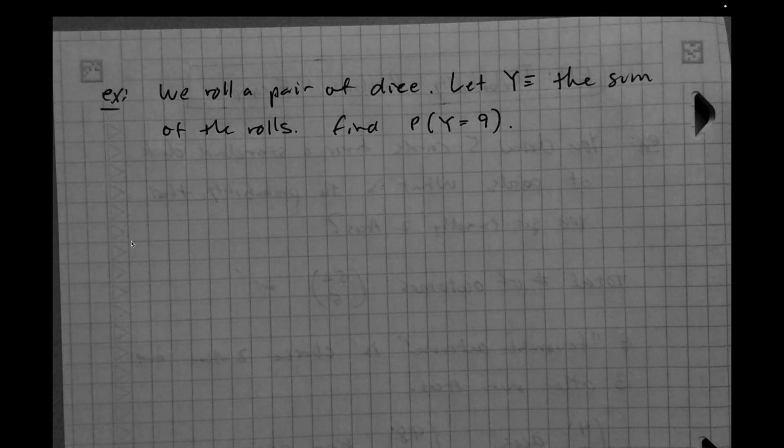Well, if you want, you can go review that previous lecture, because we wrote out the sample space and we translated it into the random variable, which is the sum of the rolls. Or you could think about it fresh.